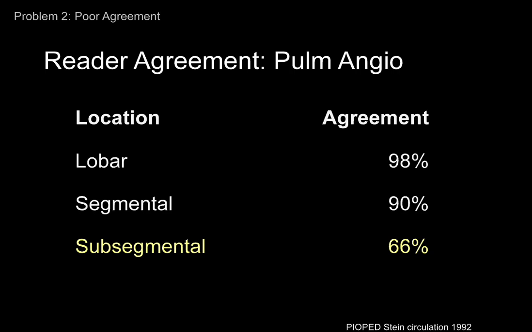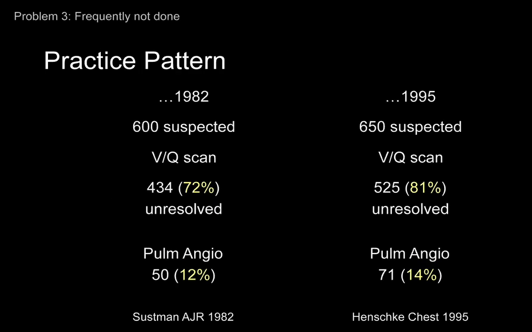Similar to VQ scans, reader agreement for subsegmental emboli is poor. Over the years, little has changed in physicians' practice patterns. Pulmonary angiography is a rarely utilized modality.